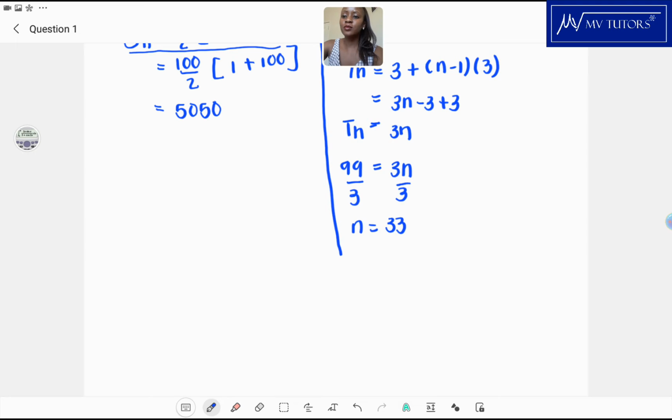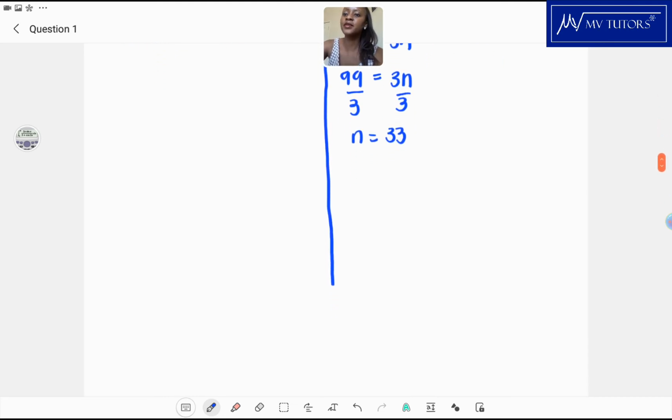Okay, so now we can go ahead and use the sum formula. n would be 33 over 2. My first term is 3. My last term is 99.